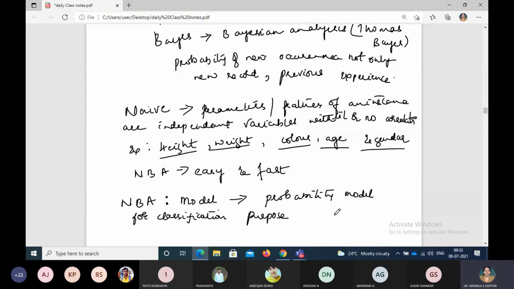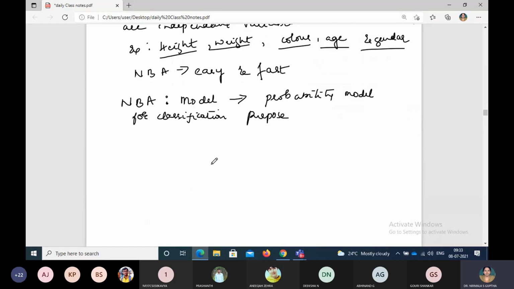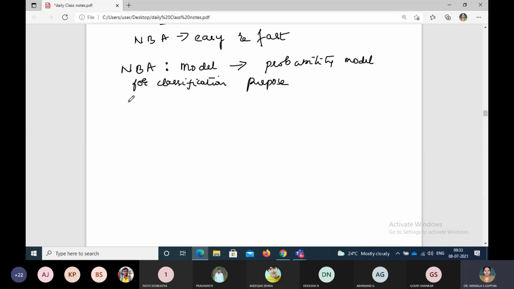The main theme of the naive-Bayes analysis model is to find a way to predict the class variable.